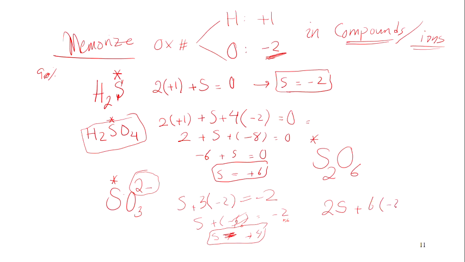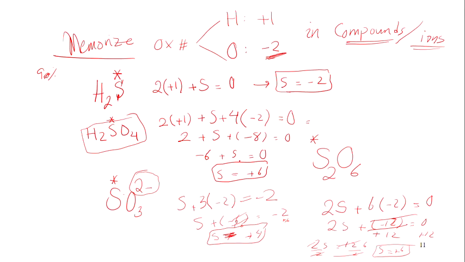Each oxygen is -2, and the total is equal to 0. 2 sulfur plus -12 is going to be 0. You should add plus 12 to both sides. So 2S is equal to 12, divided by 2. So we are going to have 6. S is +6.